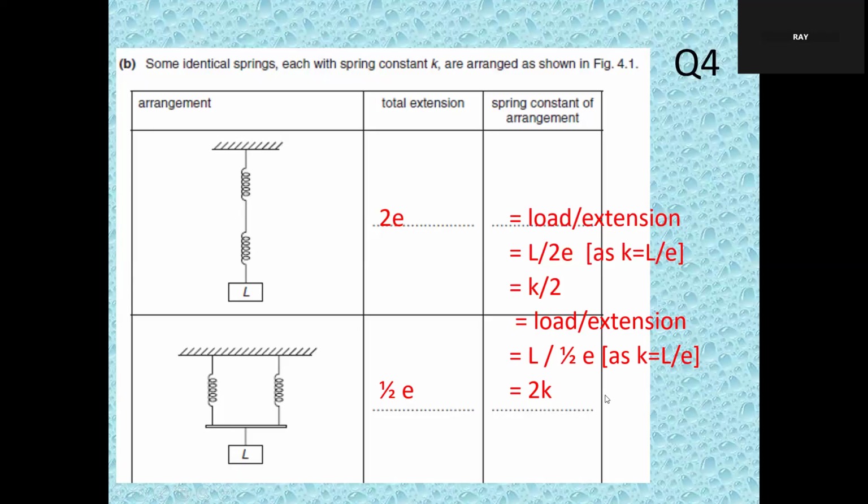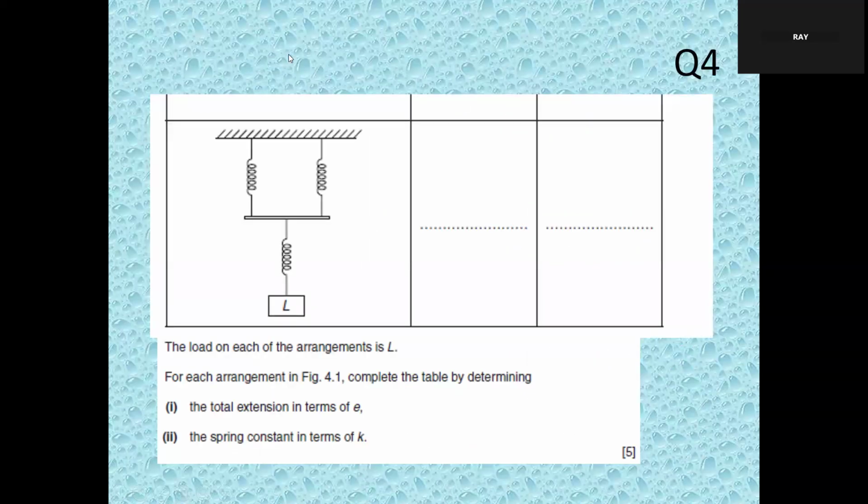Okay now. Okay, try this one. What's the extension? This one is E, this is E over 2, half E. So we get 3 over 2E.